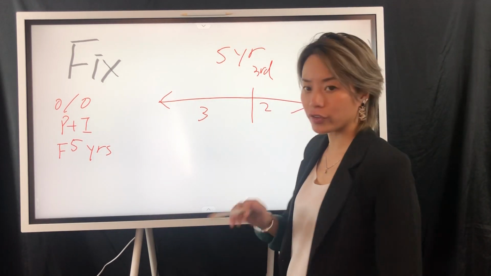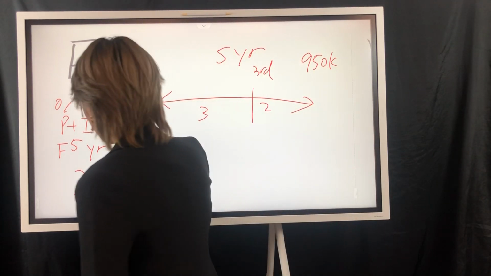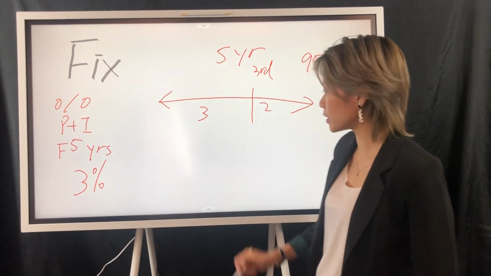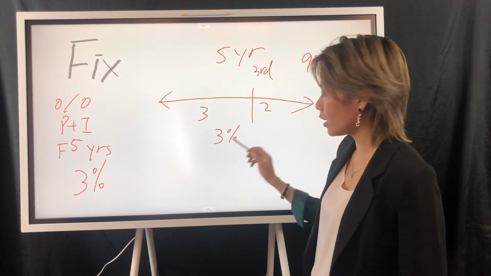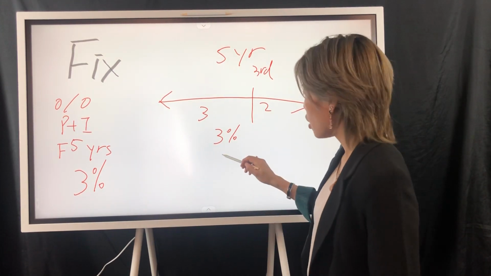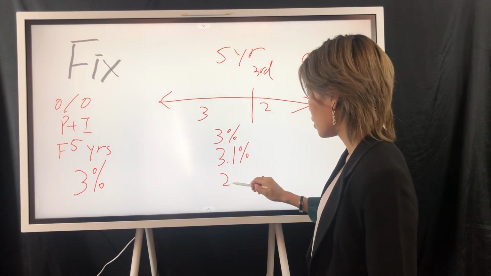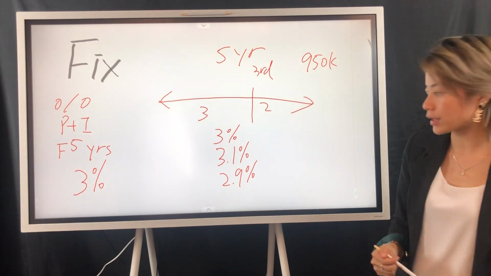At that time, there will be 3 different scenarios. Let's assume we fix it for 5 years and it's 3%. The first one is when you break the fixed term, the rate still remains at 3%. The second one is the rate goes up to 3.1%. The third one is the rate dropped to 2.9%.